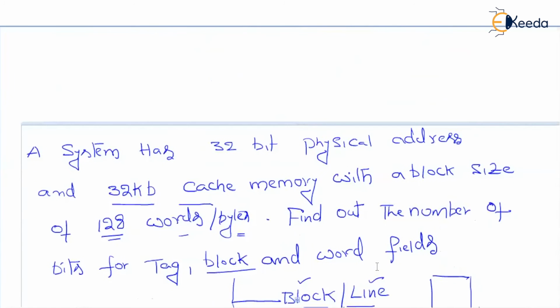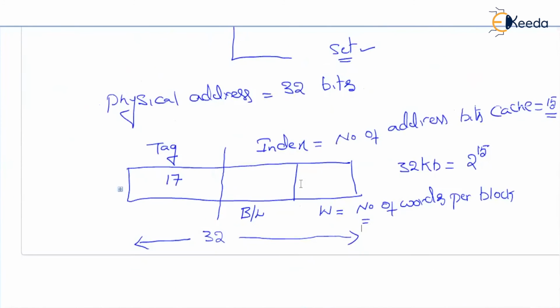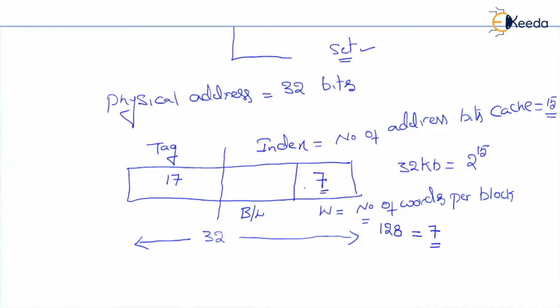Number of words per block is here given as 128. That is 128 equals 2 power 7, so the number of bits required to represent the word field is 7 bits. Then 15 minus 7 is equal to 8.